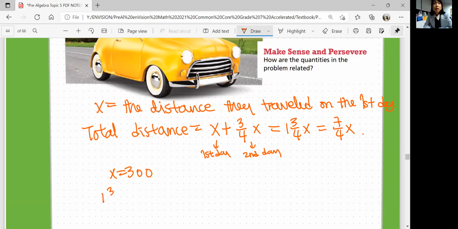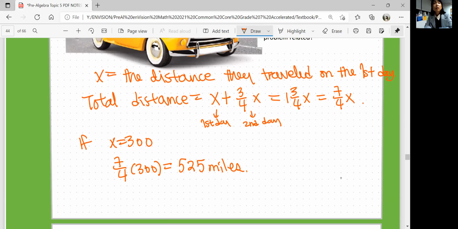So, let me erase that. So total distance they travel could be 7/4 times 300, which is 525 miles. So total distance they could have traveled could be 525 miles if they traveled 300 miles on the first day.